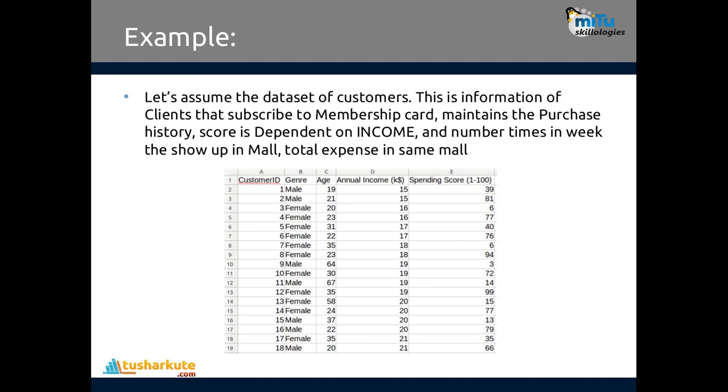Now come to the actual point. This data set we have already used in the K-means clustering. So let's assume this is a data set of customers. This is information of clients that subscribe to a membership card, and it maintains a purchase history score, and the score is dependent on the income, the number of times in a week they show up in the mall, and total expenses in the same mall.